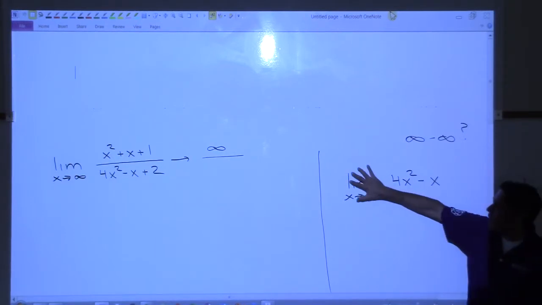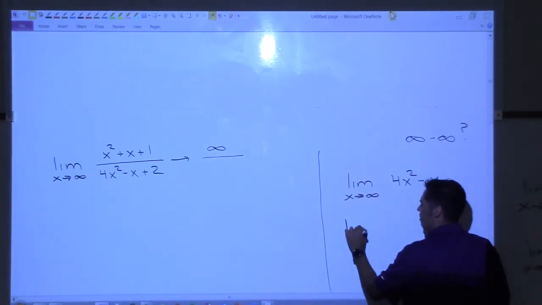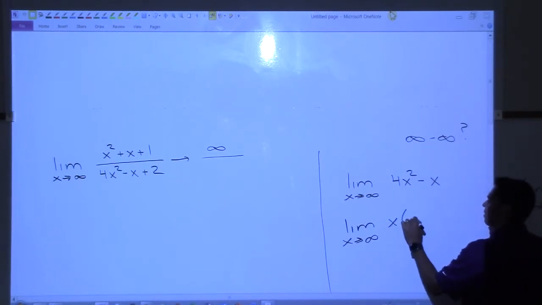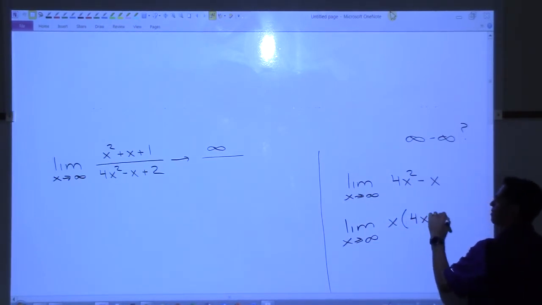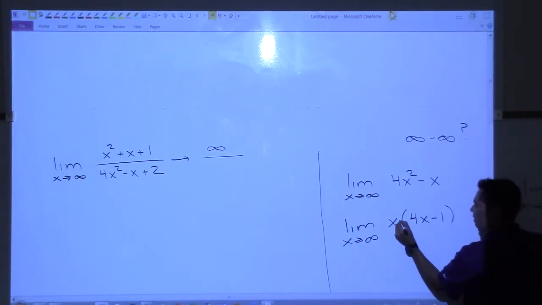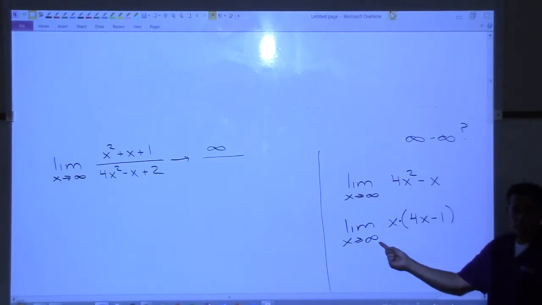If that wasn't there, what would be something you can do with that expression? Factor out an x. Okay, so let's factor out an x. If we factor out an x, then you'd be left with 4x minus 1, right? And now look at that. That's multiplication. Danielle, x is headed to infinity, right? So this is headed to infinity.